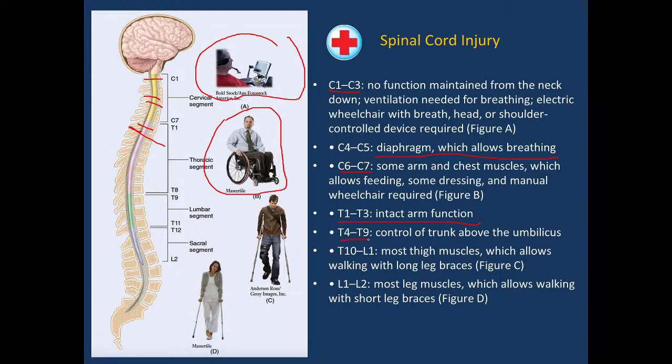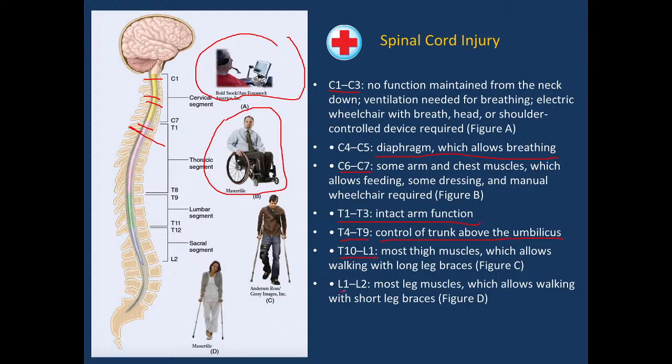At the level from the 4th to 9th thoracic segments, people can control their trunk above their umbilicus. Umbilicus is a part in the center of the abdomen.